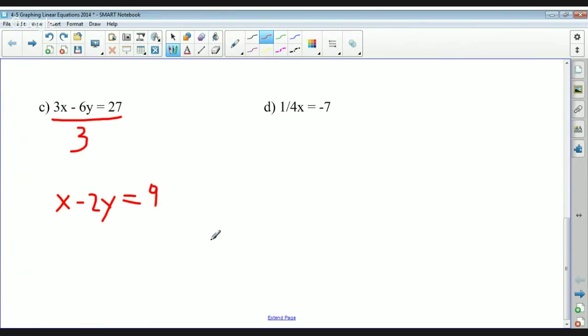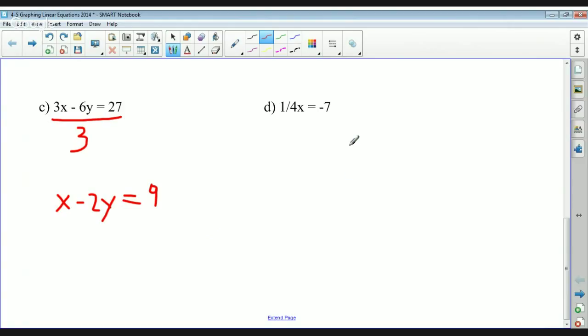So now we have all three terms in lowest terms, so they can only be divisible by 1, and both the x's and y's are on the left-hand side of our expression. So we are good to go.